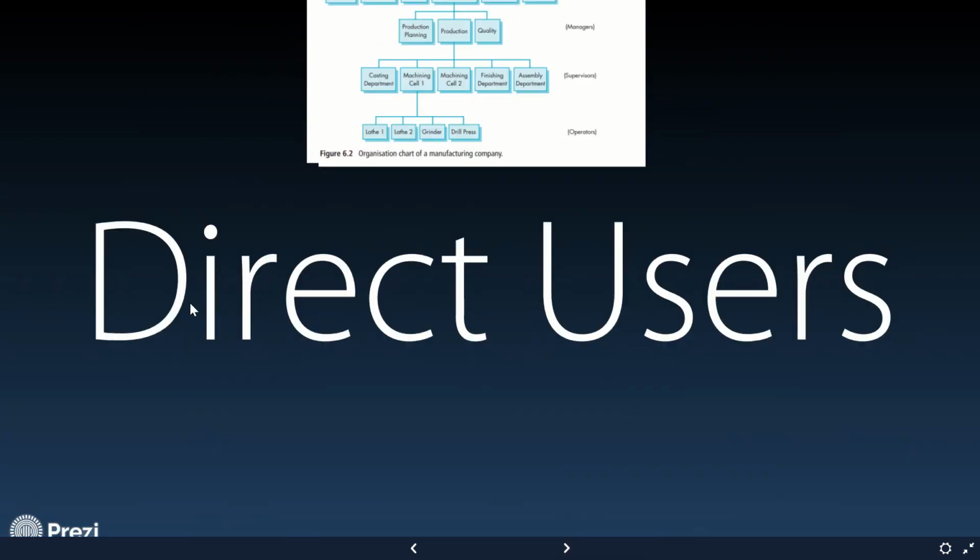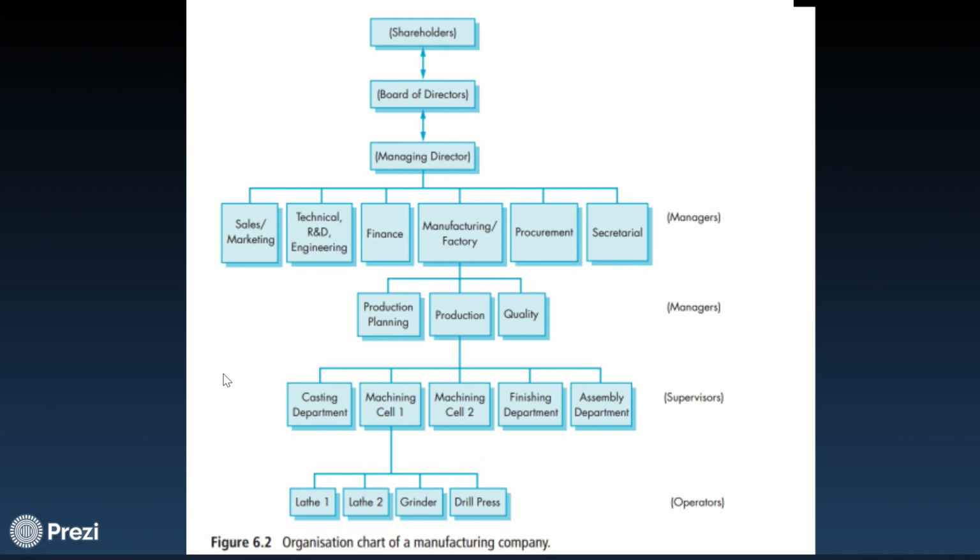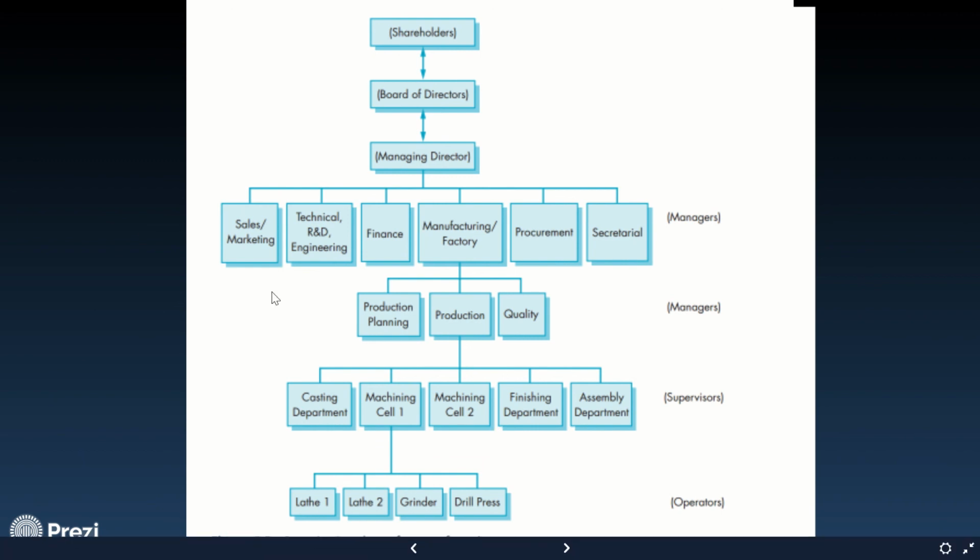The next point that we need to make is we need to understand who are the direct users of a business in automated manufacturing systems. So there is a chart here, and this here is taken from the textbook, and it is a chart called an organizational chart. So it's a hierarchical organizational chart where it shows all the direct users of a company.